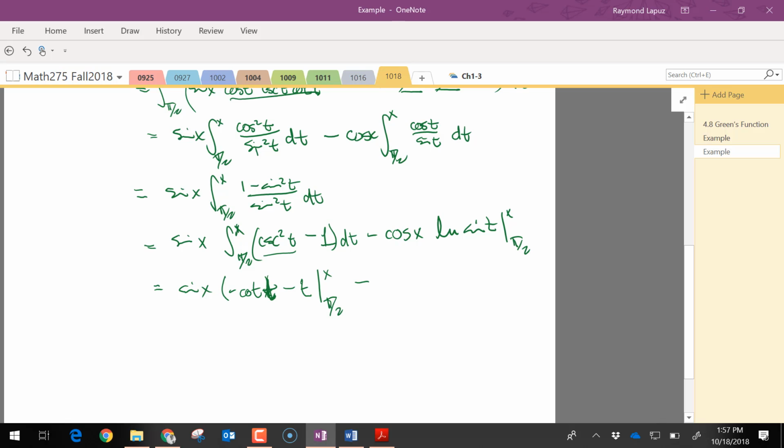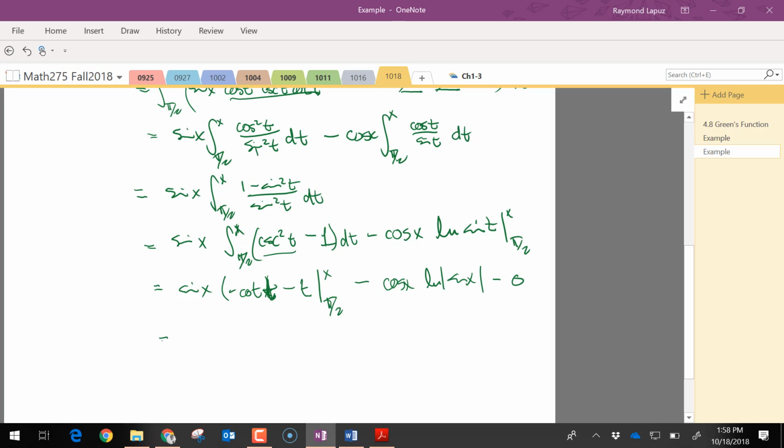And then here we can already evaluate, so this is cosine x ln of sine x, and at pi over 2, sine of pi over 2 is 1, right? And ln of 1 is 0. So that goes away.